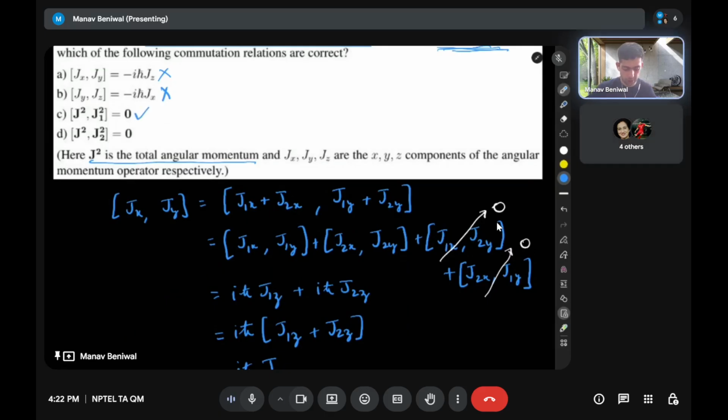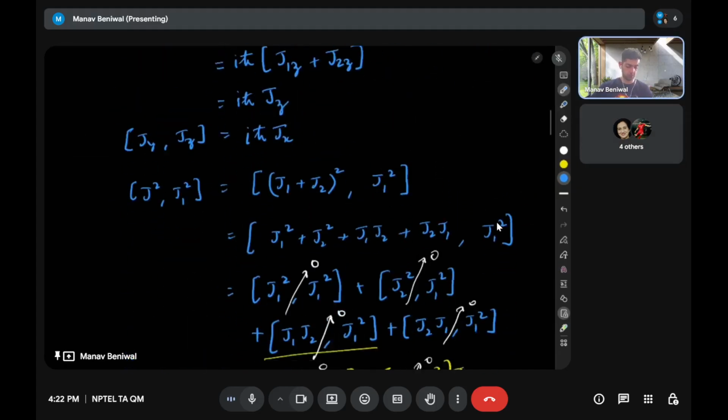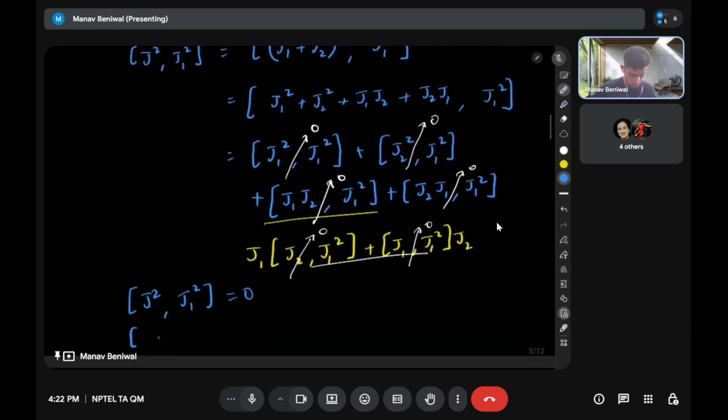What about option D? For option D we have j2 squared instead of j1 squared. So we have j squared comma j2 squared. Will this be 0 or not equal to 0? What do you think? We have done the same exercise for j1 here. Zero, it will be zero.